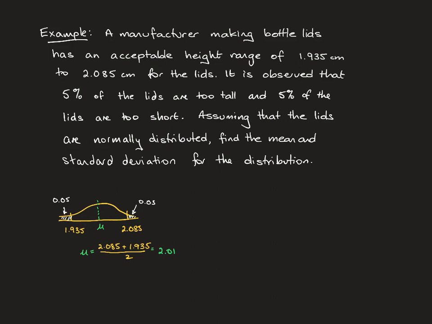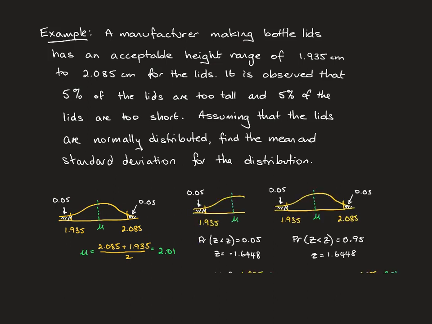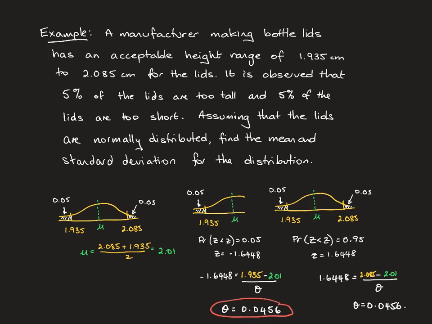And then from there, once you've got the mean, all you need to do is either choose this end or choose this end and find the appropriate Z value, and then substitute into the formula, and whichever way you go, you will get a standard deviation of 0.0456.